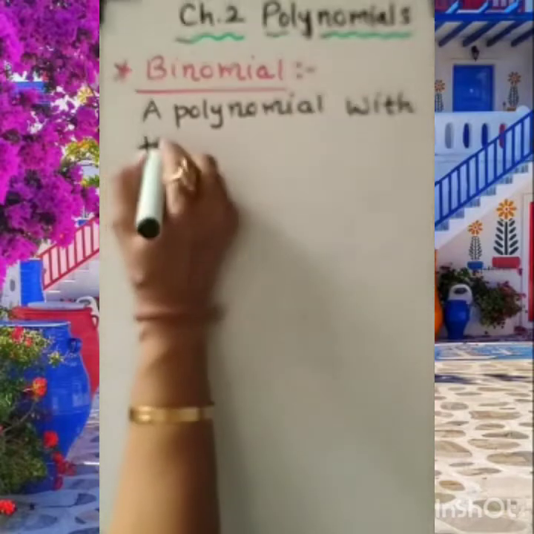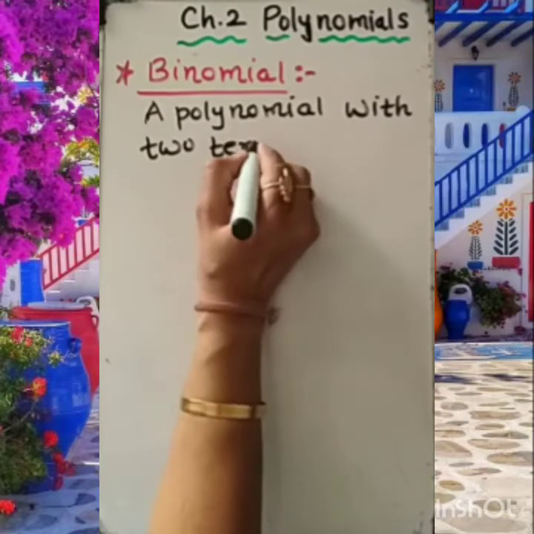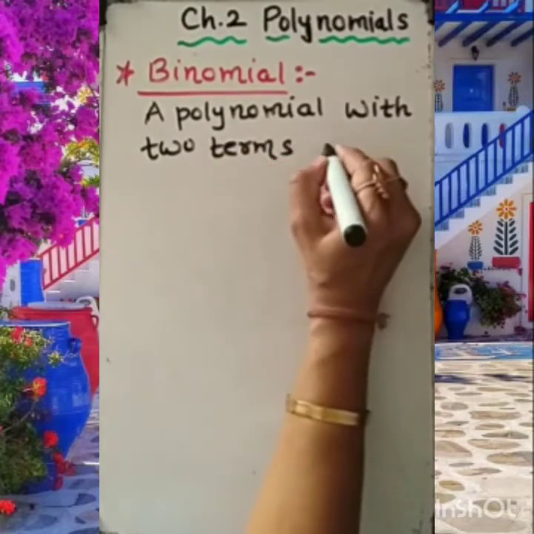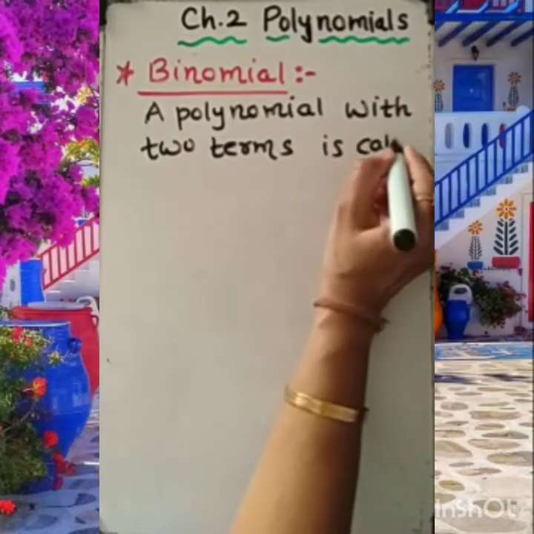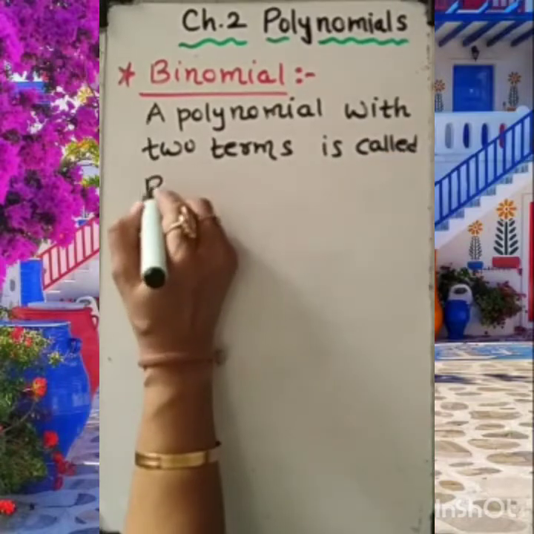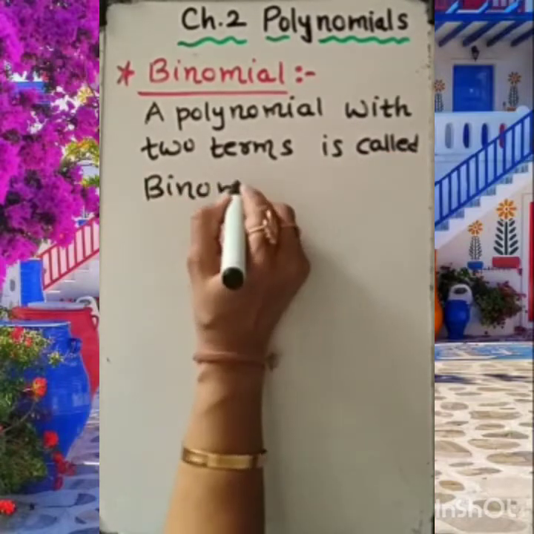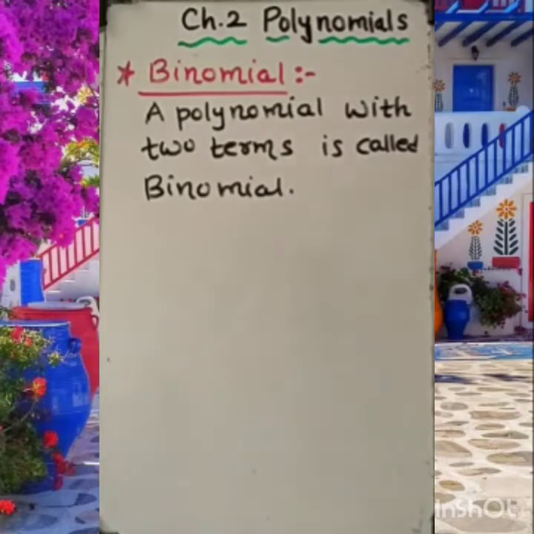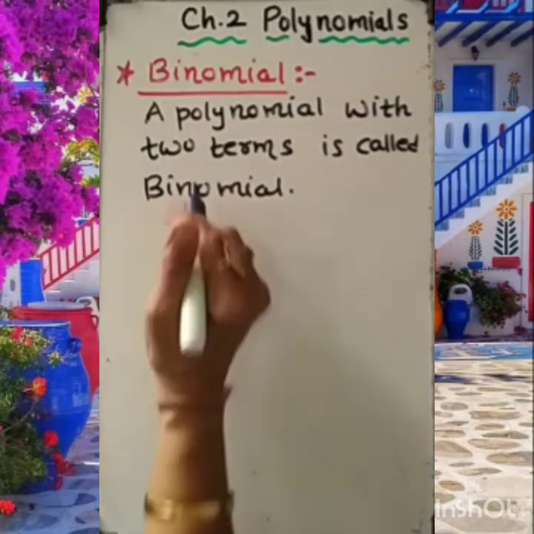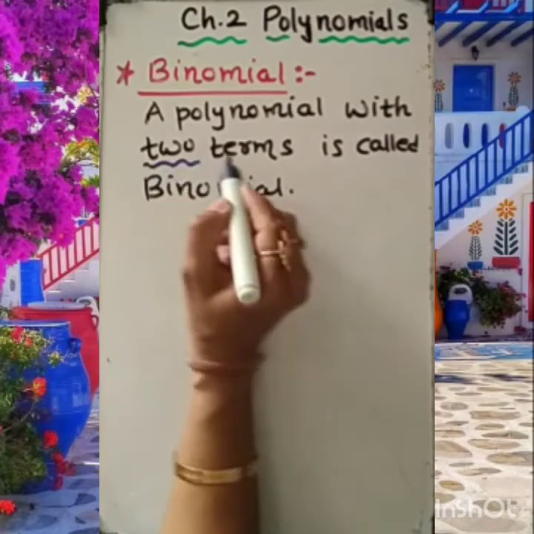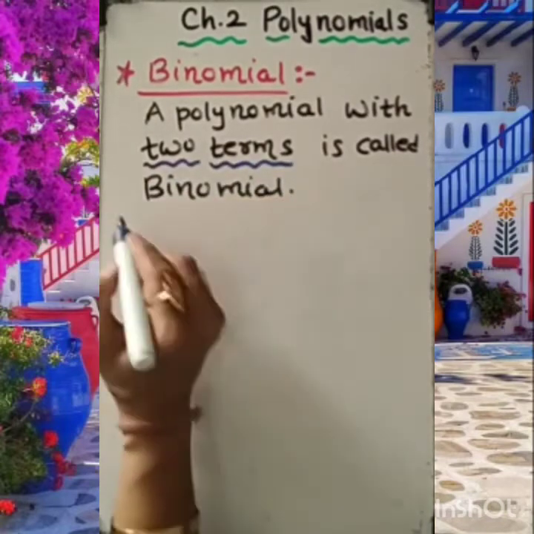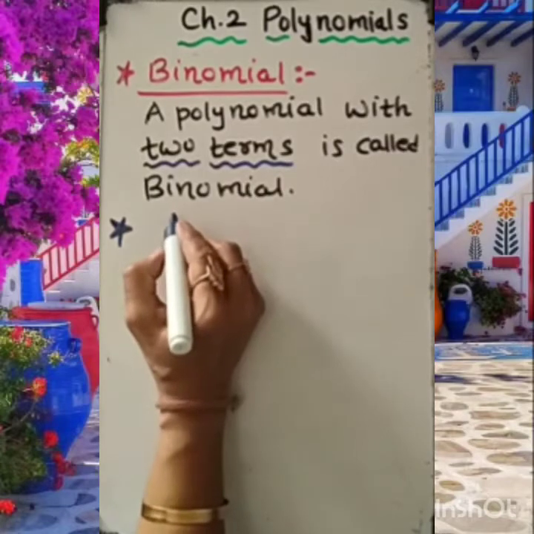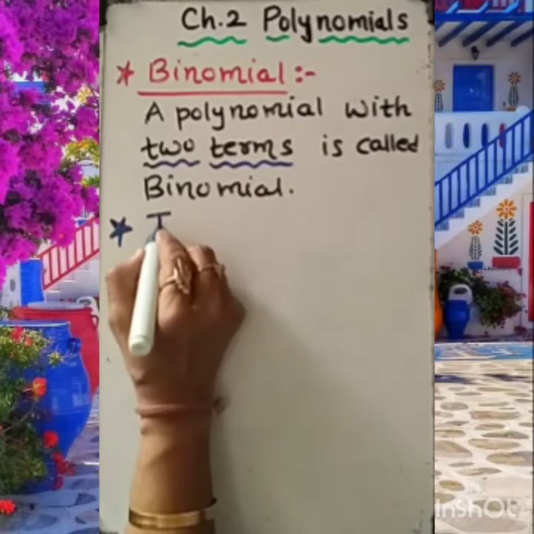A polynomial with two terms is called a binomial. Very simple and easy definition. It is very important to understand the topic, because we will use these words, so you must be well aware of which name we are using for which kind of polynomial.